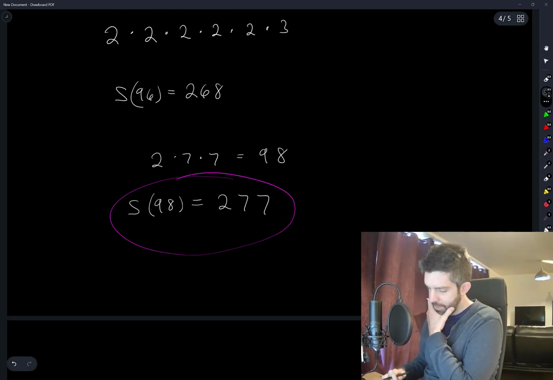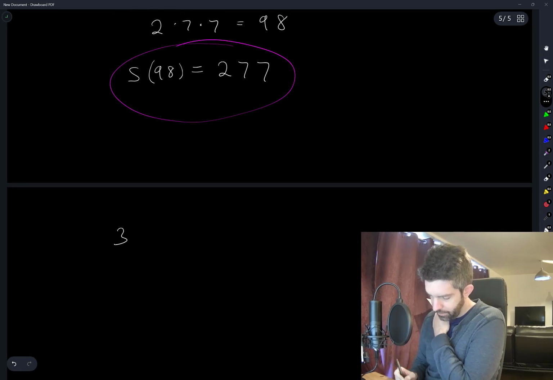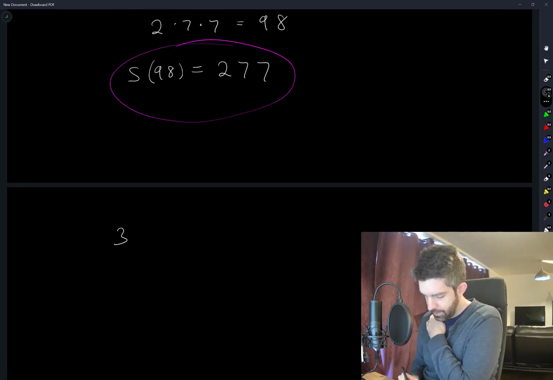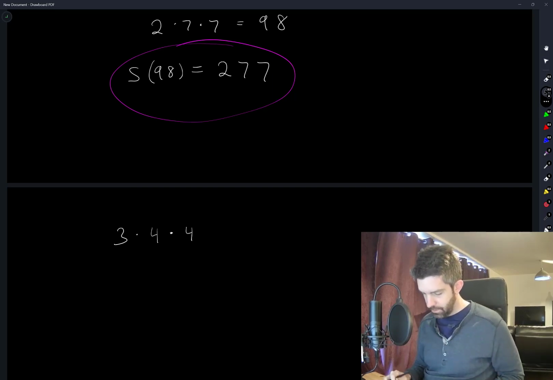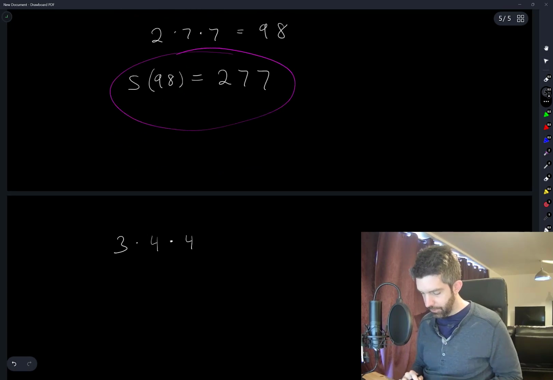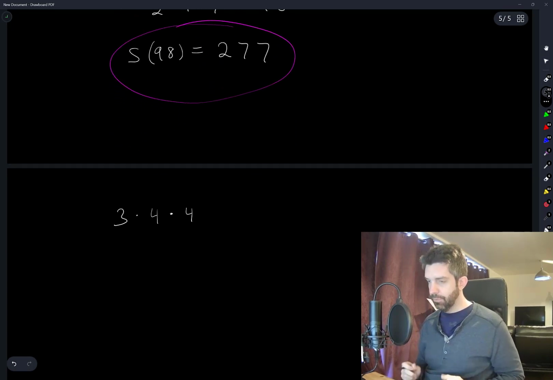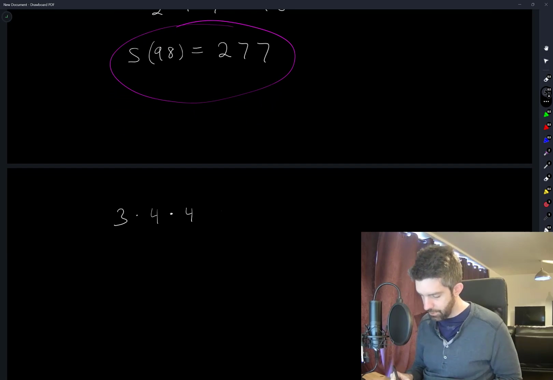Again, what if the first digit is a 3? What went wrong before? Then the next digit has to be at least a 4, and the next digit has to be at least a 4. But this can be rearranged, right? That's the problem, this could be turned into 3 times 2 times 8, which is the same as 6 times 8.